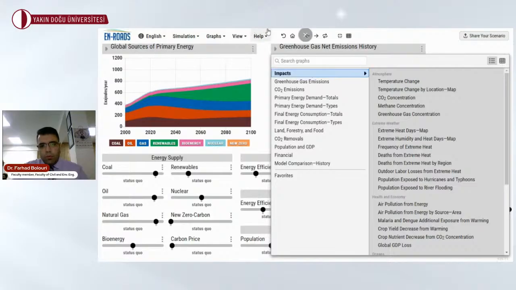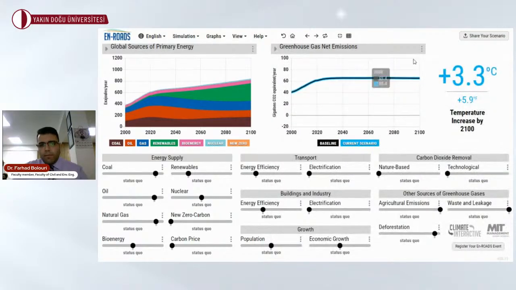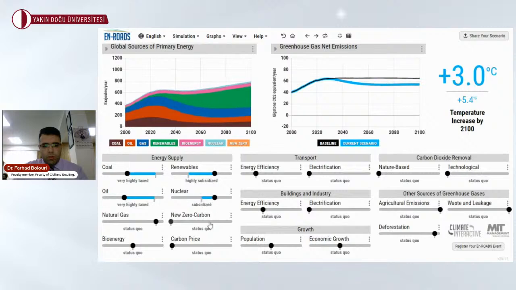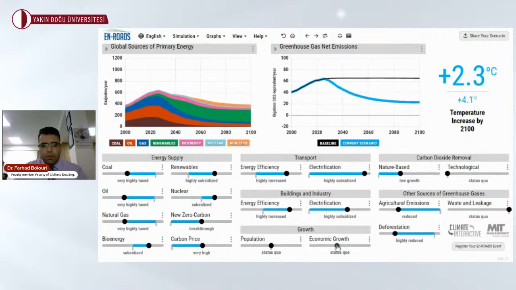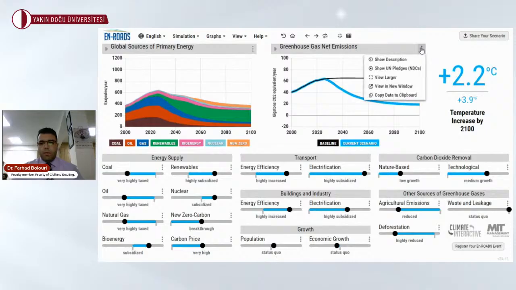Also, if we come to, for example, our first graphs, if you do some policies, I'm just showing you something about the figures. If you have some policies like these and you come here, from the 3 dots for each figure, you also have something to do.